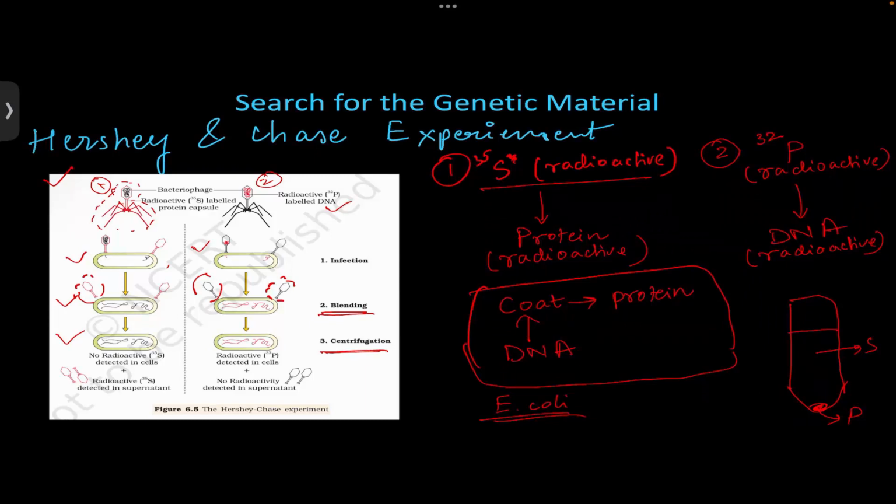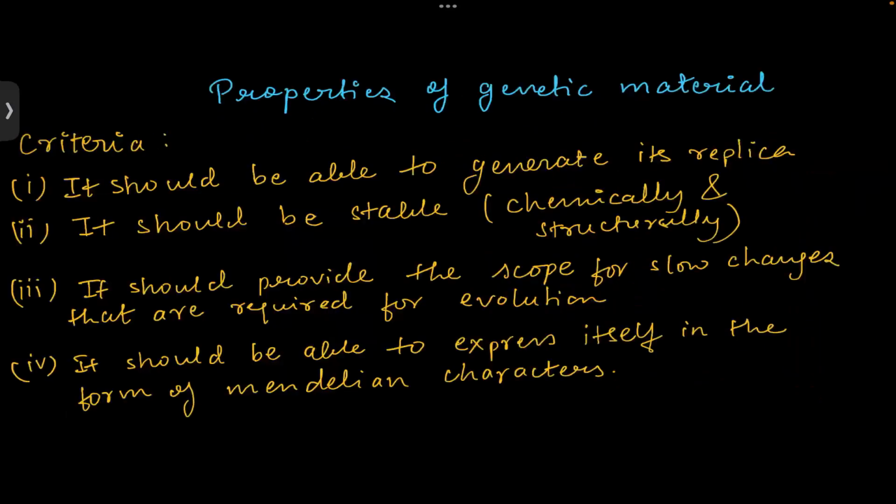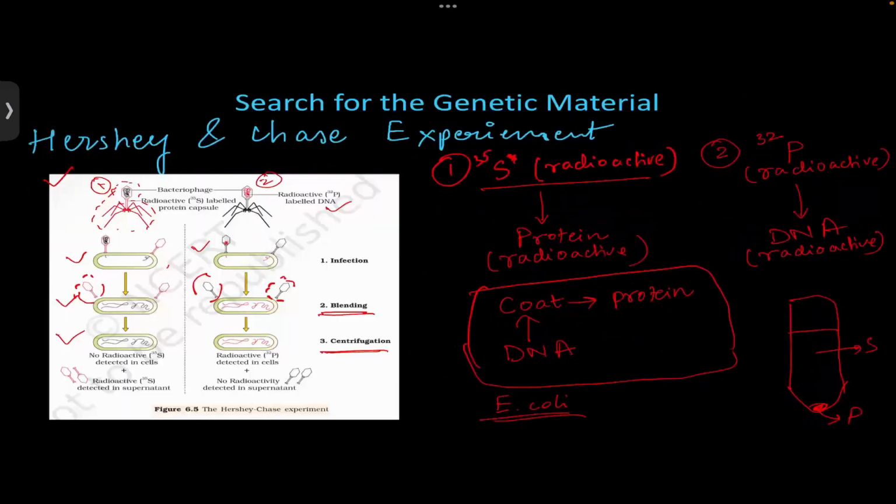So this proves conclusively that it is in fact the DNA that is the genetic material, because it is the DNA that is getting transferred from bacteriophage to bacterial cells.